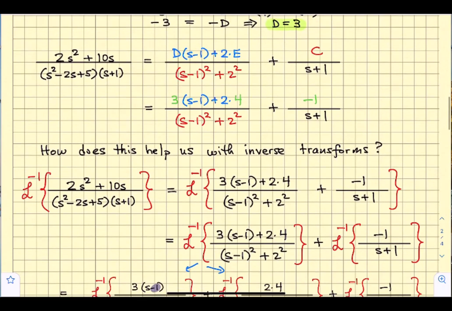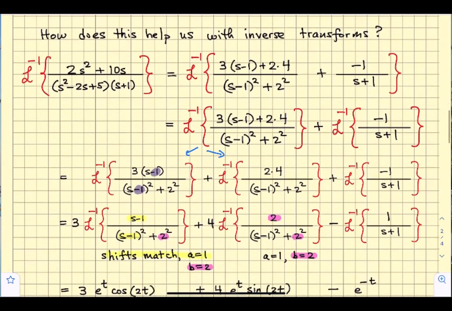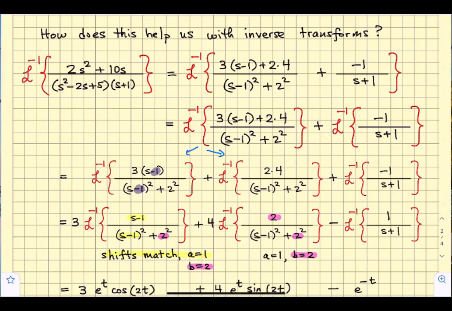So how does this help us to calculate inverse Laplace transforms? Well, here's how. If this is equal to this, then the inverse Laplace transform of this is equal to the inverse Laplace transform of this. That's what I've written here. And now by the linearity of the inverse Laplace transform, I can break up the inverse Laplace transform over this addition.